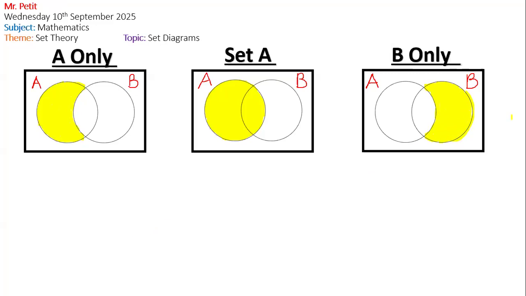All right, so this is what we mean by B only. B only means that we do not include the intersection.